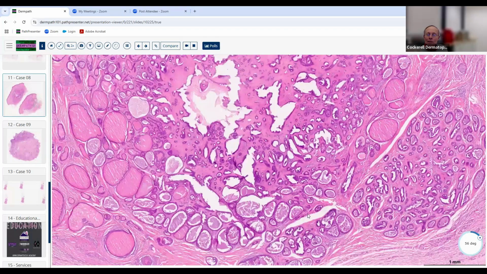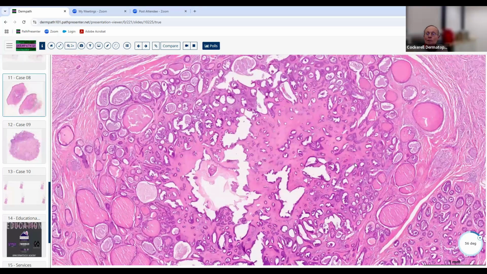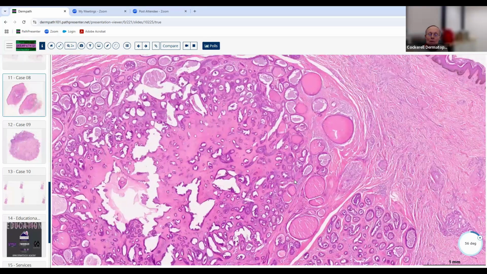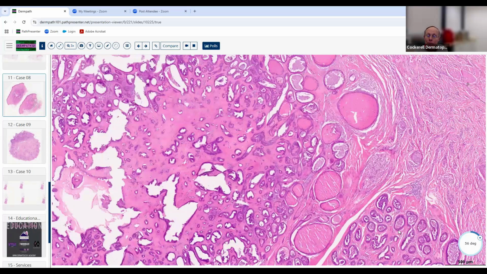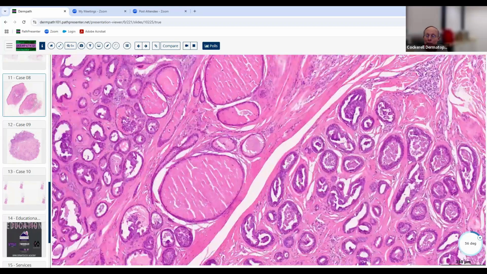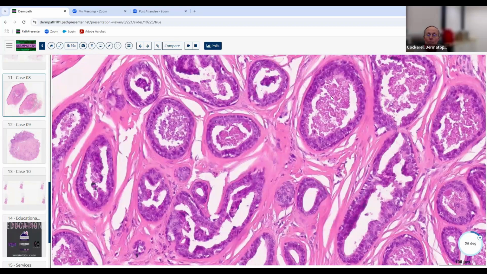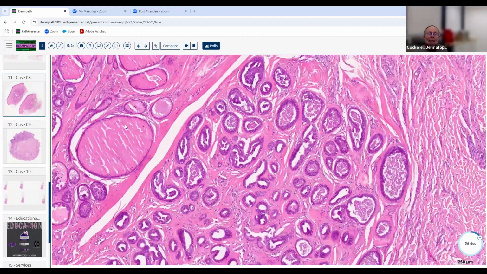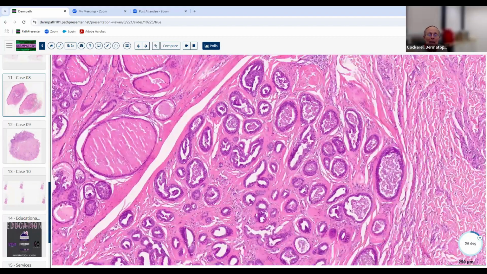If you look at it, the name of this entity fits quite nicely. It's called Tubular, and these look like little tubes. Apocrine, we just identified the apocrine decapitation secretion over here. Tubular apocrine adenoma.